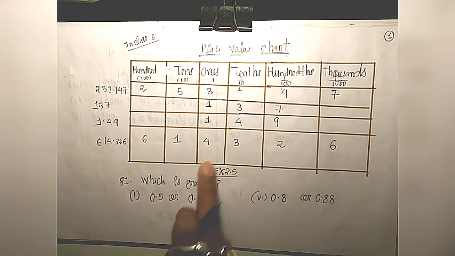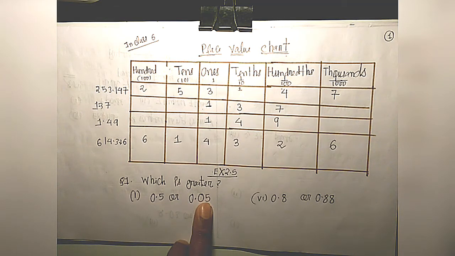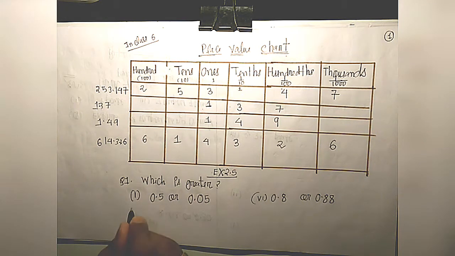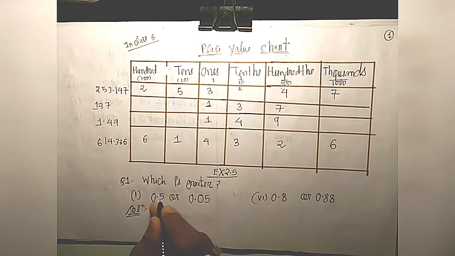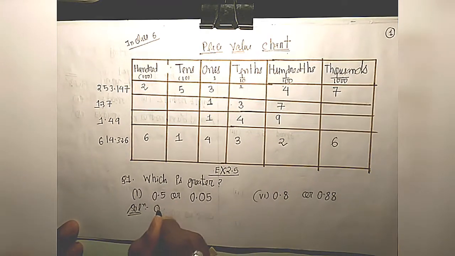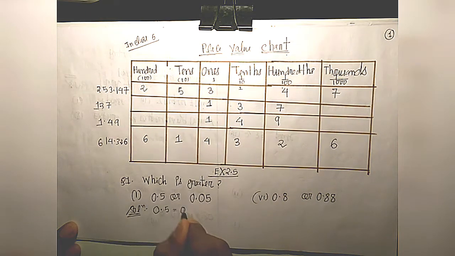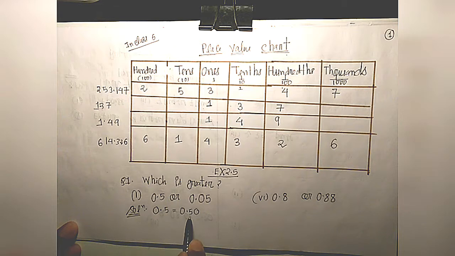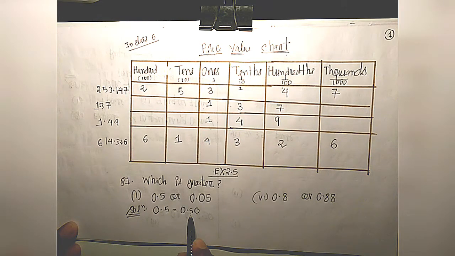So let's move to Exercise 2.5. Which is greater: 0.5 or 0.05? We can write 0.5 as 0.50, so 0.50 and 0.5 are the same.